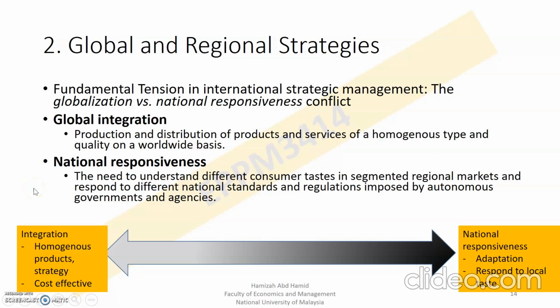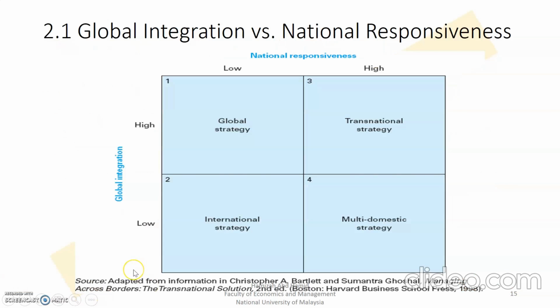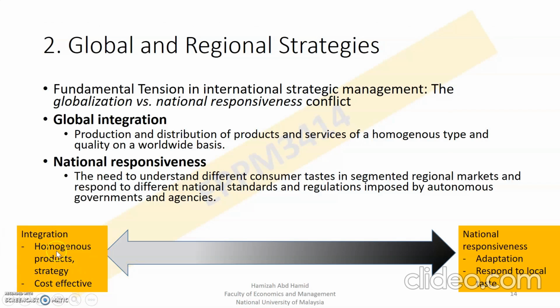So, multinational companies, ideally, will choose between global integration. Do you want to sell the same product only or use the same strategy only? It is cost effective if the multinational company chooses this strategy.